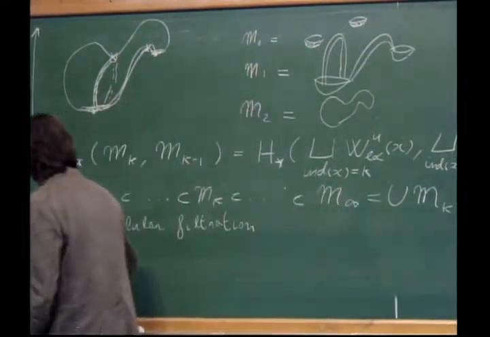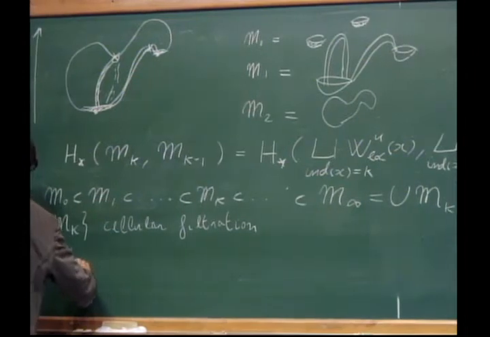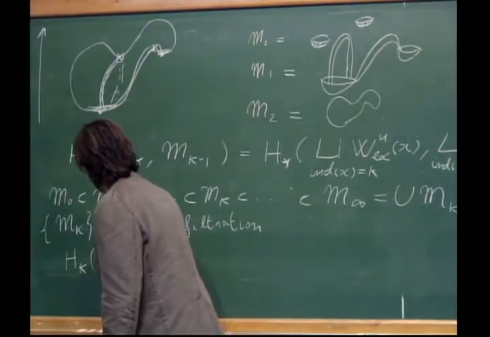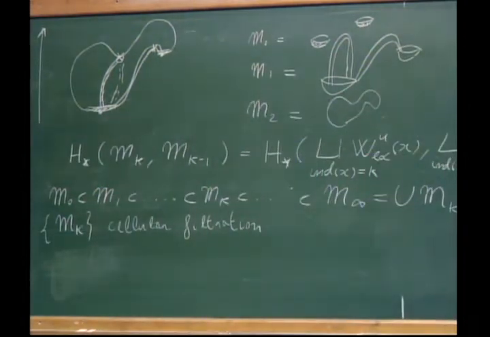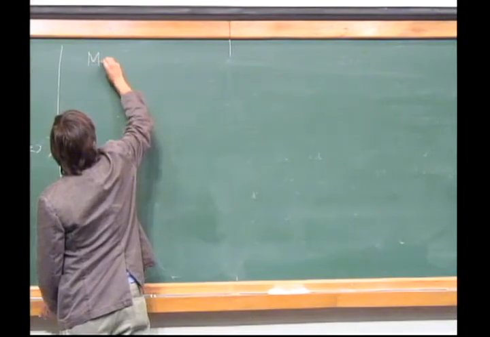We consider the only space Hk which is allowed to be non-zero. So how to recover the homology of M infinity out of this data? We start with our MkX.